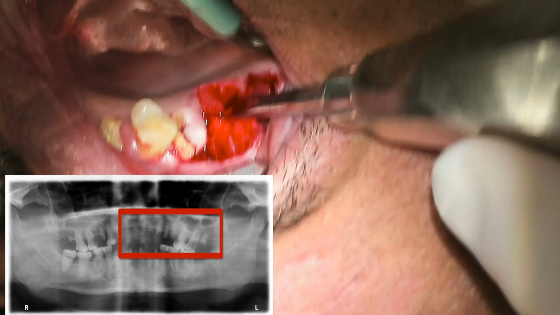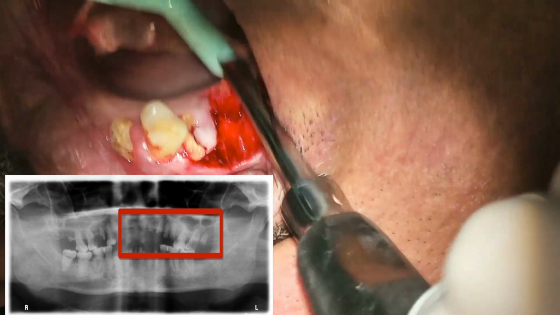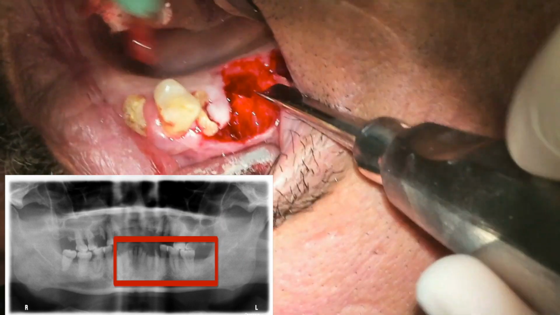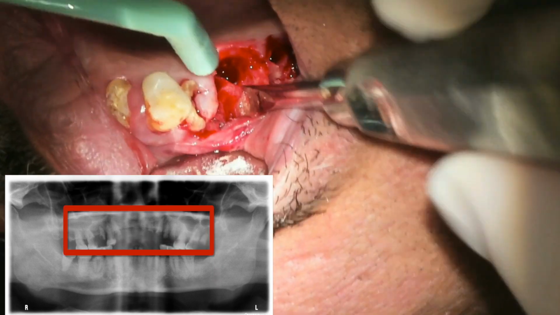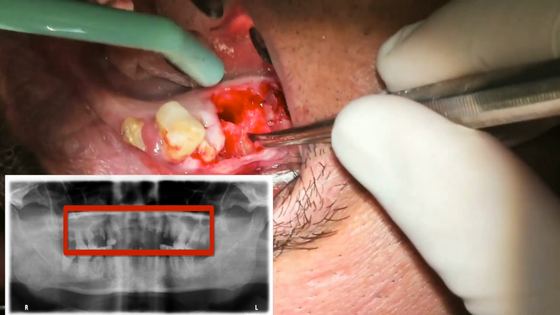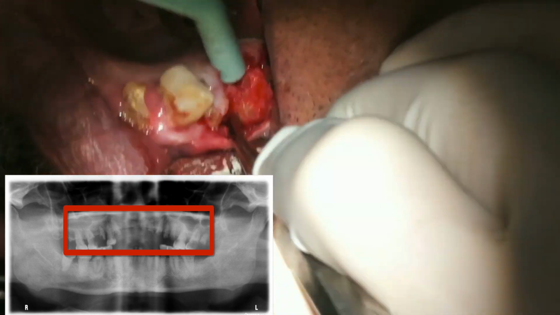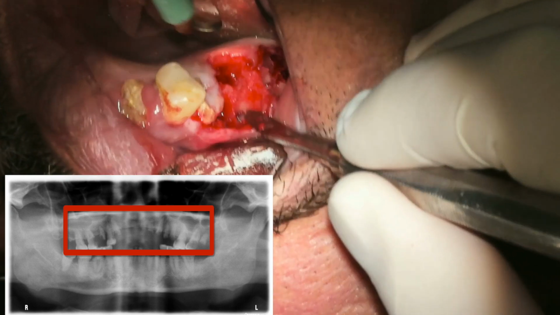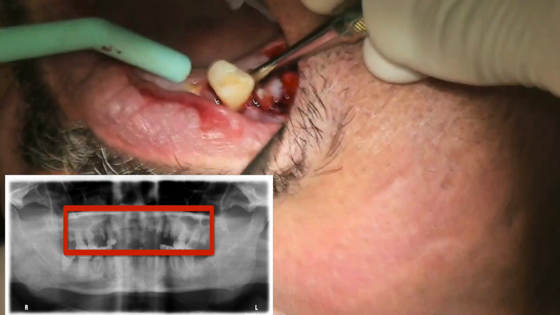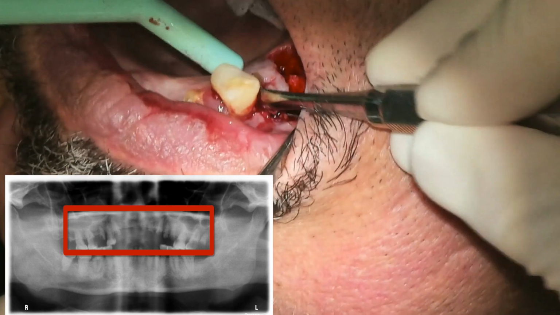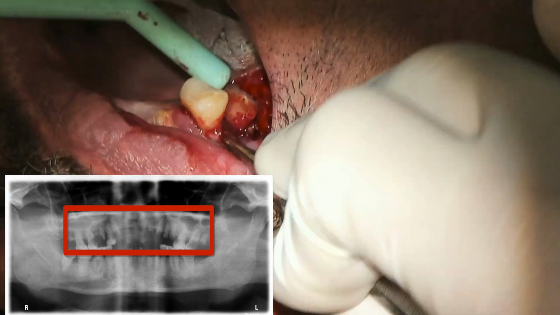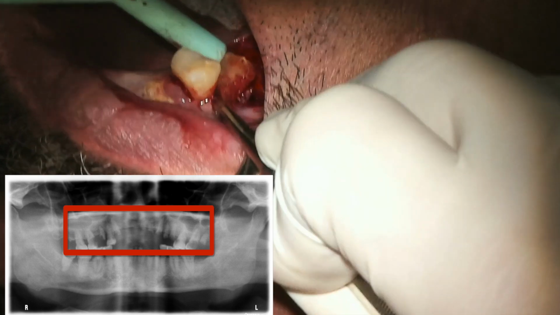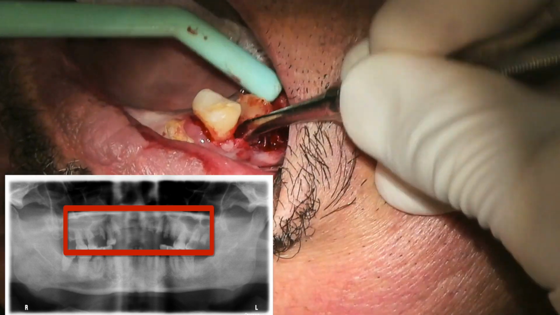After I was done with the upper left, I anesthetized the lower left side, and then I go back and suture the entire upper arch as the lower left is getting numb. I didn't have to give any more anesthetic for the sutures for the upper arch, because if you time it correctly, you'll be able to get away with that.